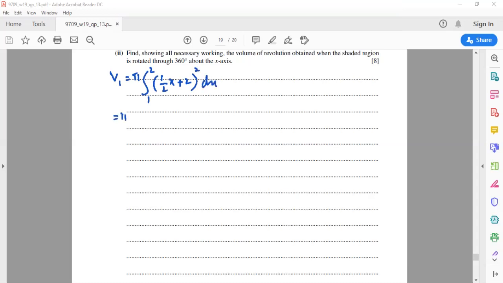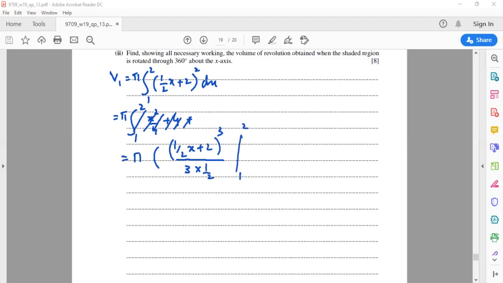If you simplify it, this becomes x squared by 4 plus 4 plus... or rather, it's much better if we do it directly. That will be more convenient for us. That is pi times (half x plus 2) to the power 3 divided by 3 times the derivative of this, which is half. And the limits are from 1 to 2.